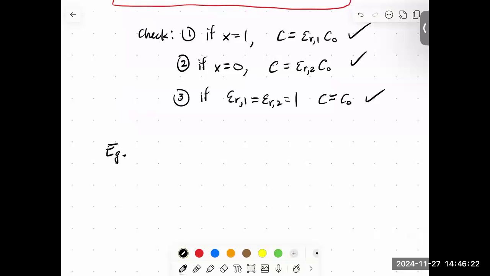Example. Let's see, what do I want to do? Okay, I think this is reasonable.